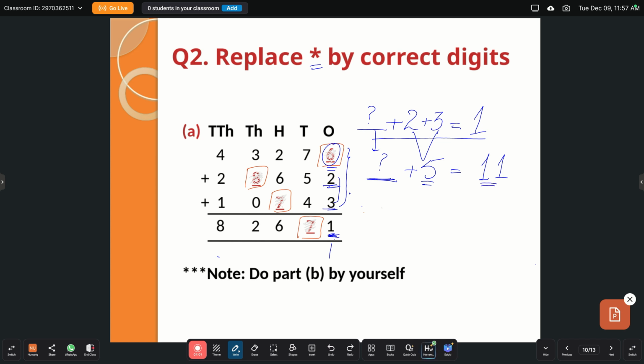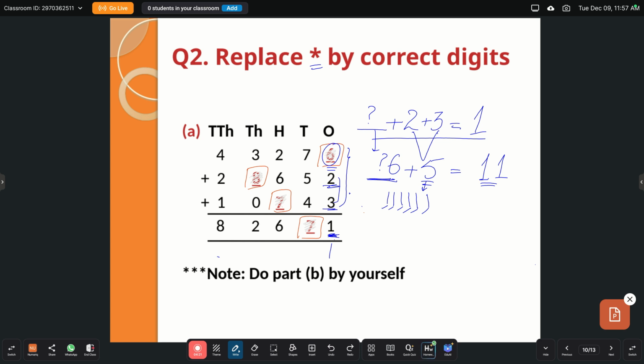We will start counting forward. What comes after 5? It is 6, 7, 8, 9, 10, 11. So 1, 2, 3, 4, 5, 6. So the missing digit here must be 6.